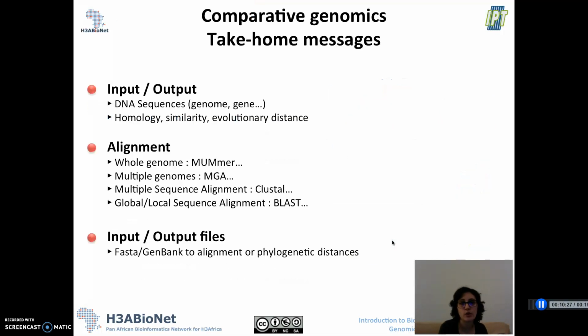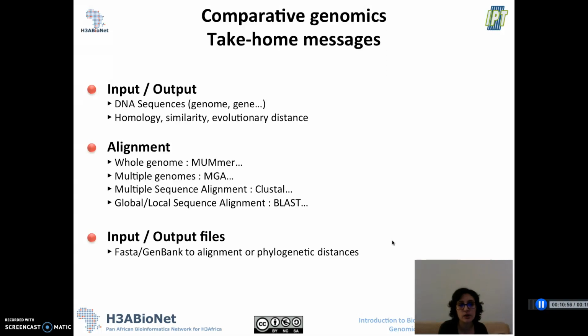So the take-home messages, and I will be finishing with this slide, is that you have different inputs that are possible. So you can query a specific portion of a genome or a whole genome. The output that is expected is to have insights into the homology or the similarity or the evolutionary distance between two features, two sequences or two genomes or two organisms.